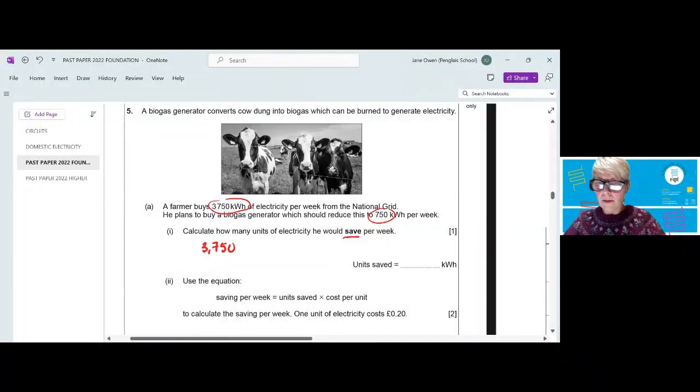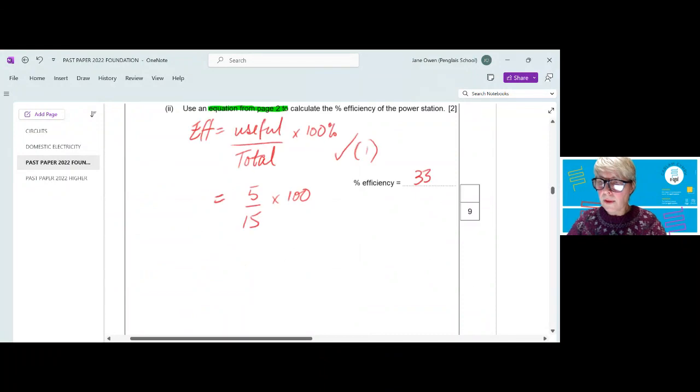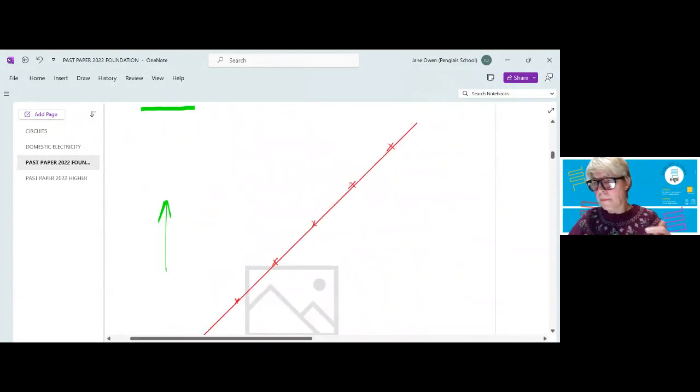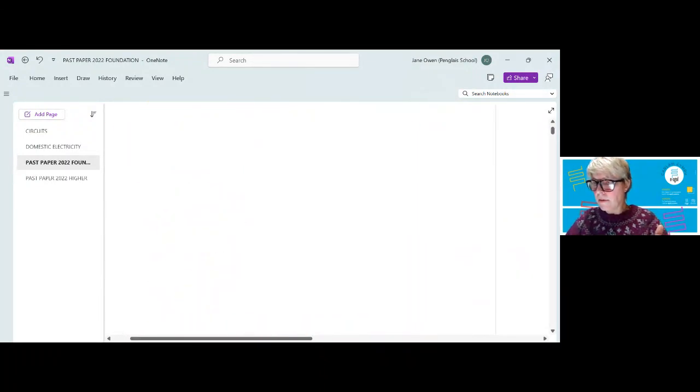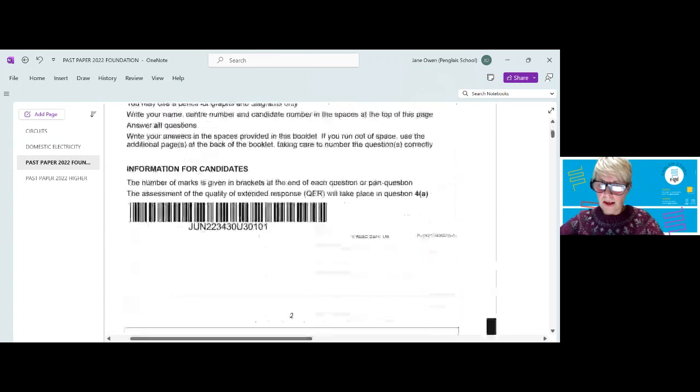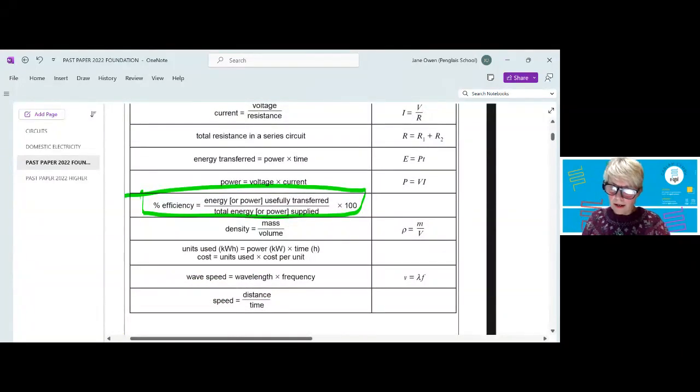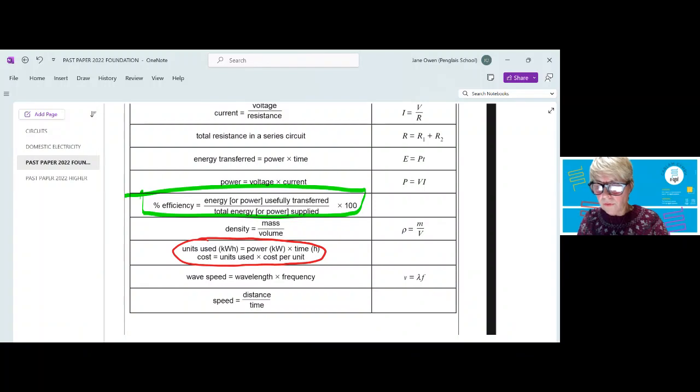Now, all the way at the top, from page 2, you've got all of the equations. So if I just jump up there, okay, right here. Okay, and we are going to look at this set of equations here. But it's interesting because we've got cost is units used times cost per unit.